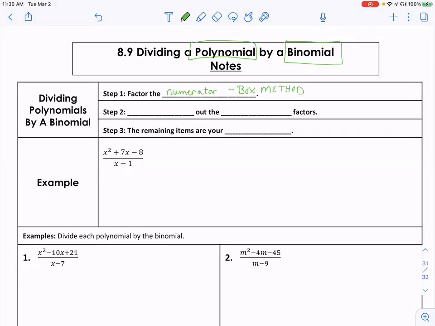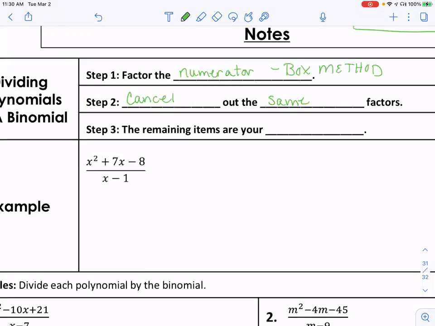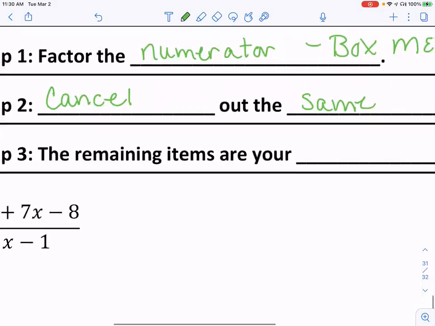Okay, step 2, you are going to cancel out the same factors, or the common factors, if you want to use the word common instead there. The remaining items are your answers.